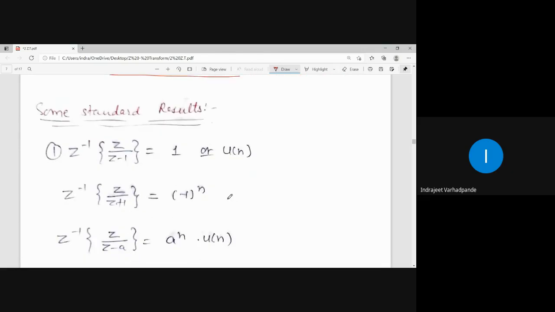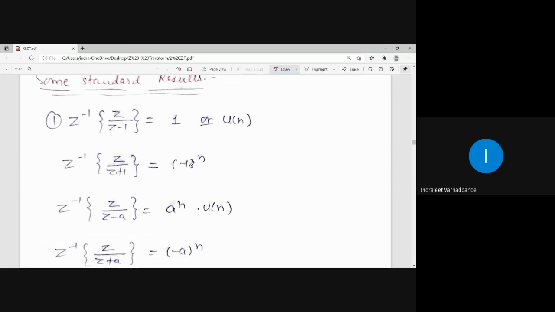So some of the most common required formulae for the calculation of inverse Z transform for the various methods we will be discussing now are written over here. You can compare with the previous table; the values are written here in the reverse way.